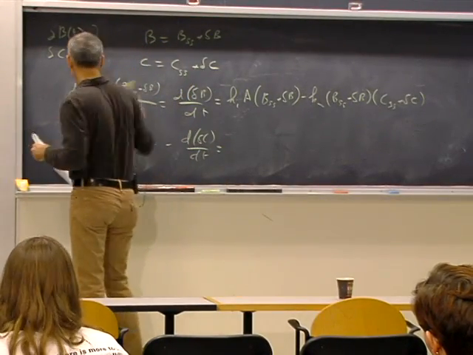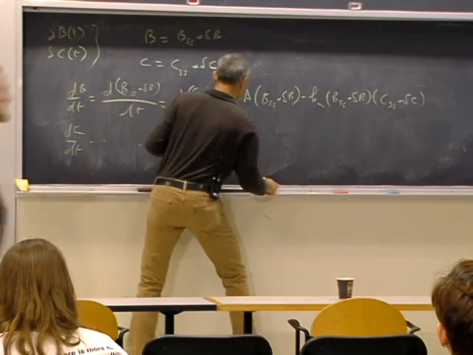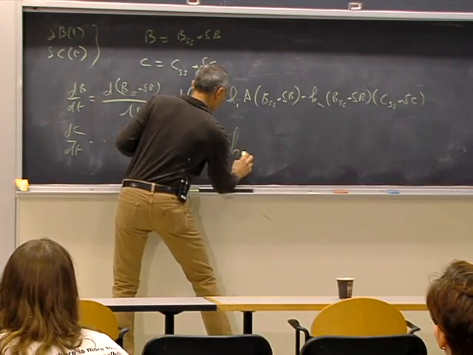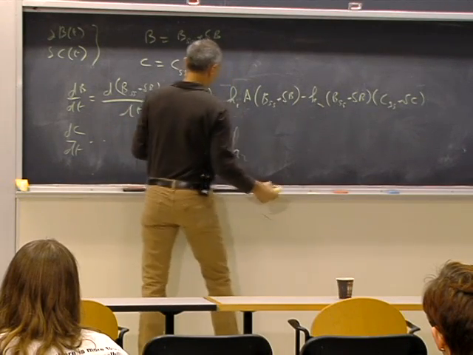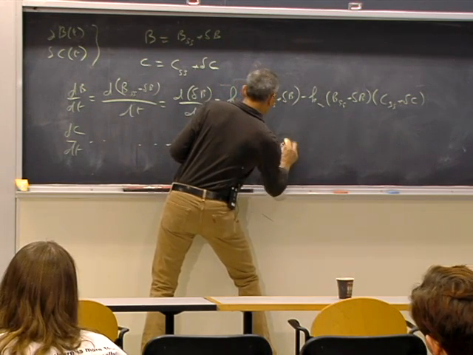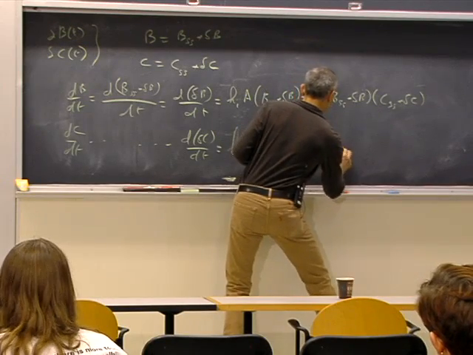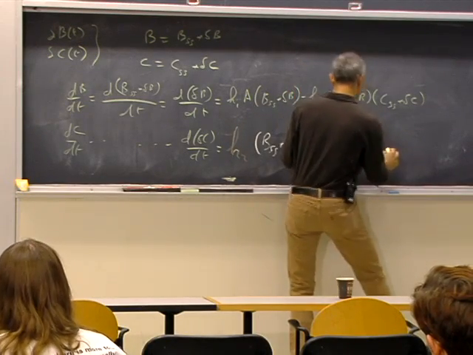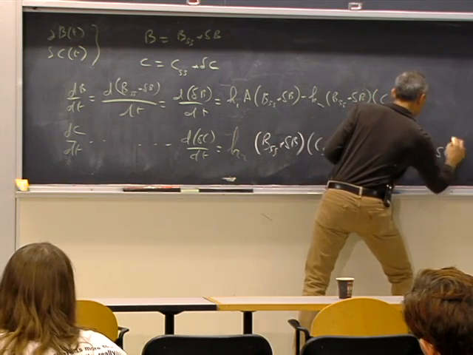It's going to look exactly identical, d delta C/dt, K2 times (B steady state plus delta B) times (C steady state plus delta C) minus K3 times (C steady state plus delta C).